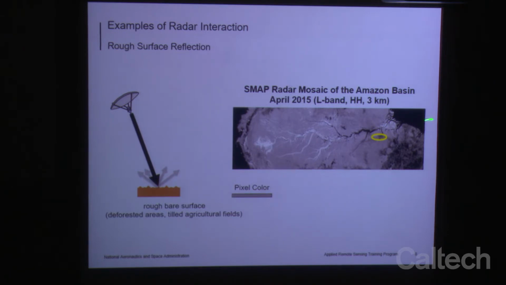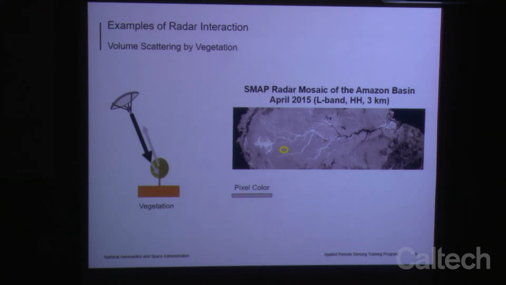When you get rough surface conditions like you might have with tilled soil or some agriculture areas, you get scatter in general that is going off in more directions, and some fraction of that comes back to the radar, and you get an increase in the backscatter over what you see in water. And that's still a surface scattering mechanism.